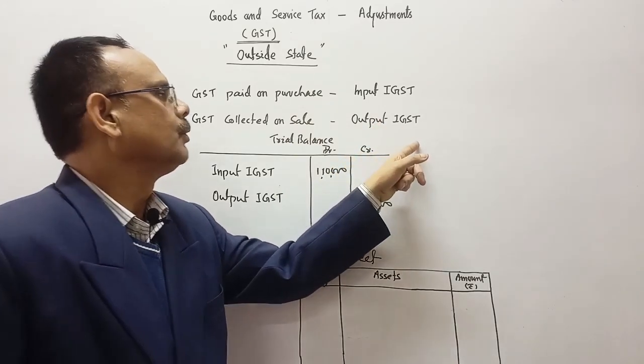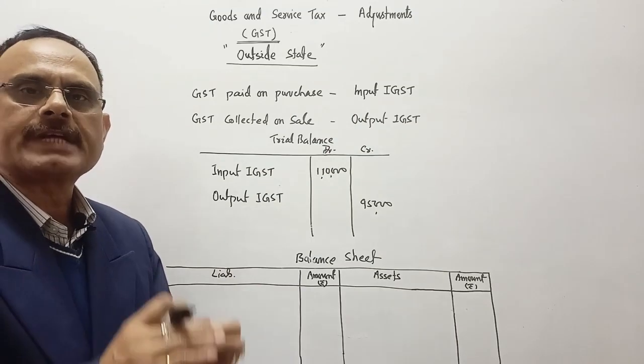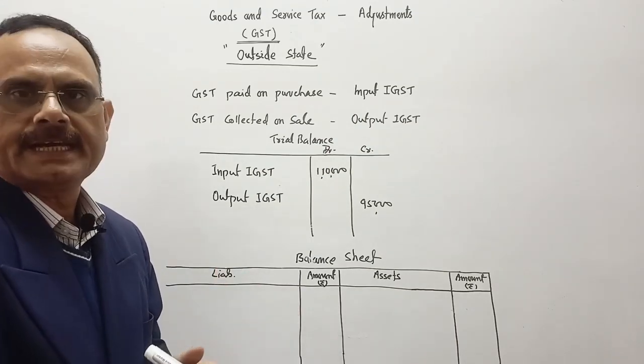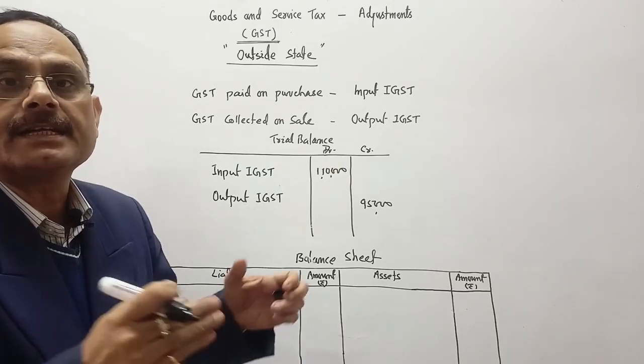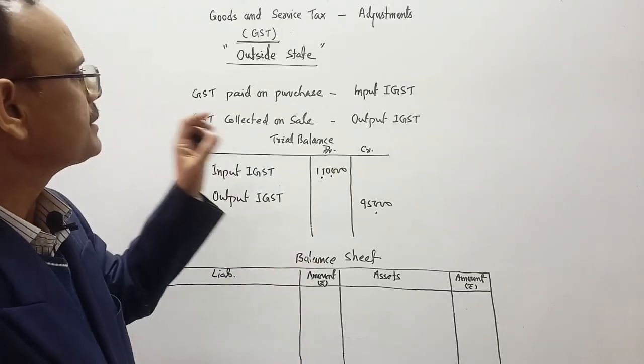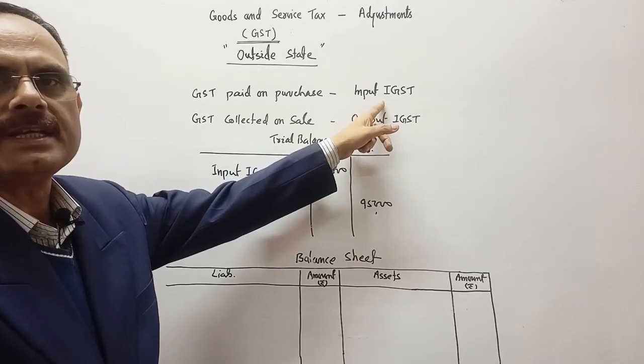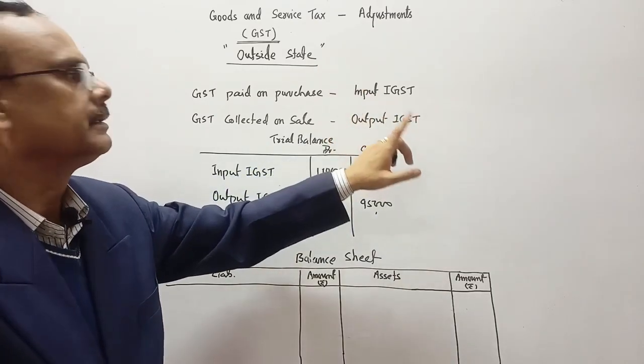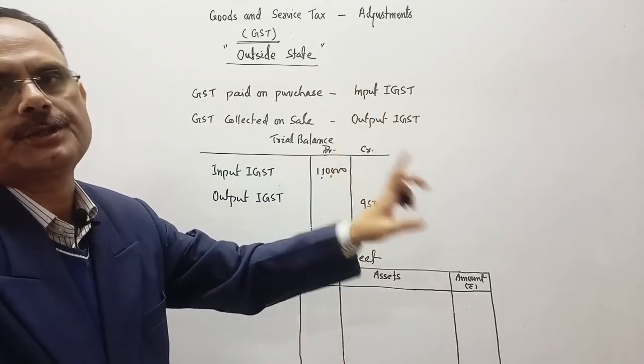Is it clear? When the transaction is outside the state, not within the state, not intra-state, it is interstate, then the GST is input IGST when we purchase, and when we sell then output IGST.